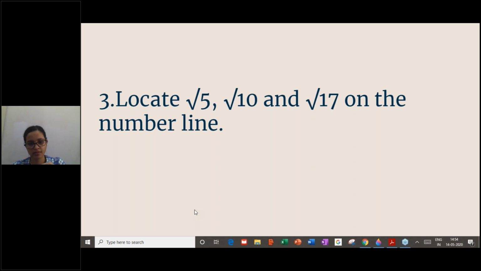Sudipto Bhatta, it looks correct. Come on, answers. And for the other two also, root 10 and root 17. Do one thing, just let me know what the combinations for root 5, root 10, and root 17 will be. Just type your answers here. For root 5, it will be 4 plus 1. Yes, Ria, 4 plus 1.